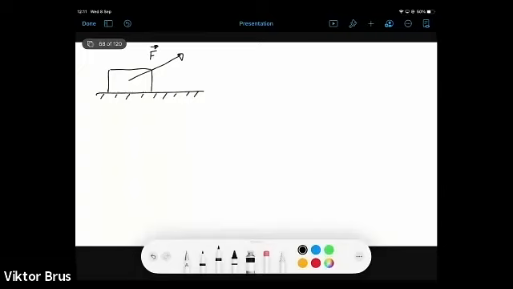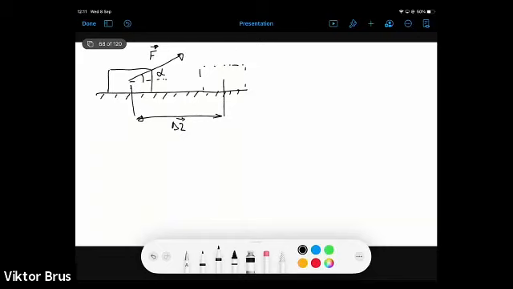There is some angle alpha between the horizon and the direction of the force vector. Under the influence of this force, the body is moving to a new location, and there is some displacement, delta R, which is also a vector.